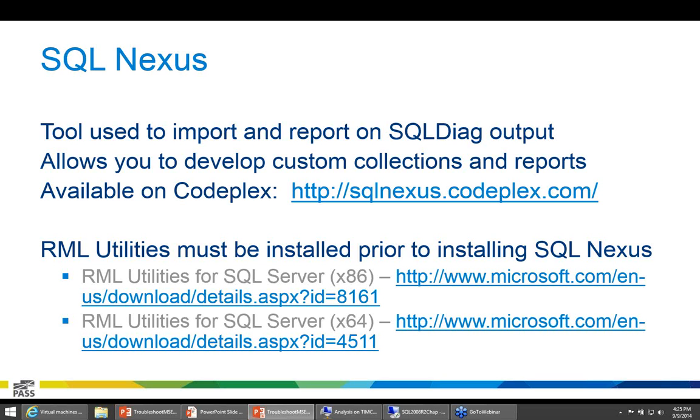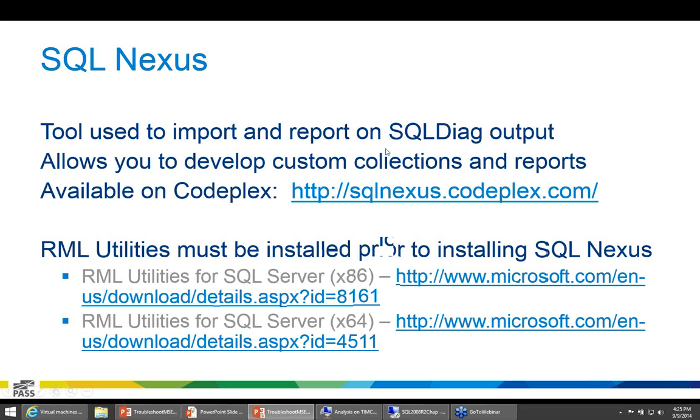Now, SQL Nexus has a configuration file as well. This configuration file, called text row sets custom, is where you're going to add the identifier for that custom row set that you created before.